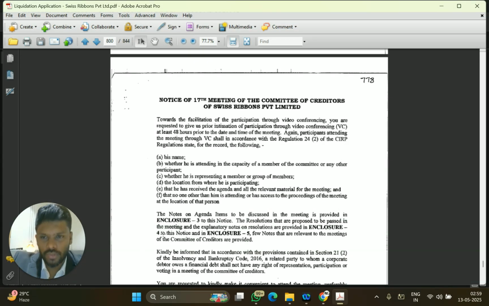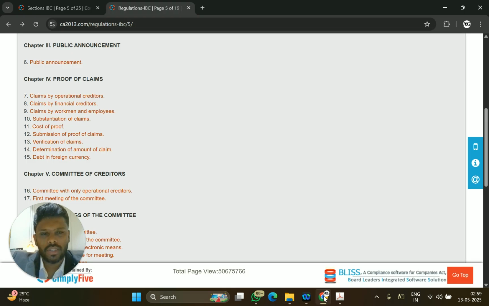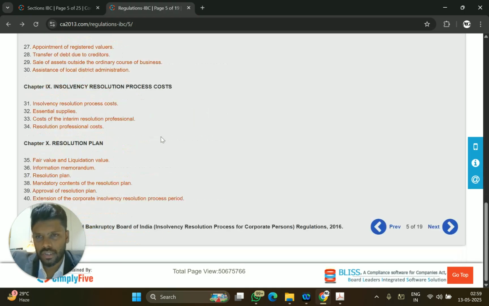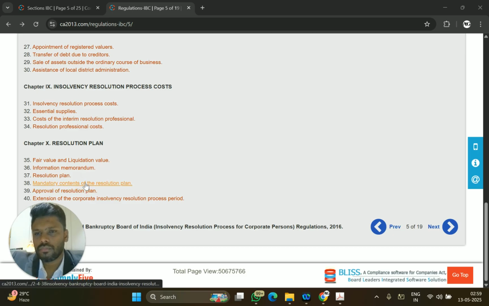So once liquidation is proposed, along with the initiation of liquidation, there are some ancillary decisions that the committee of creditors have to take. Those are in the liquidation regulations.